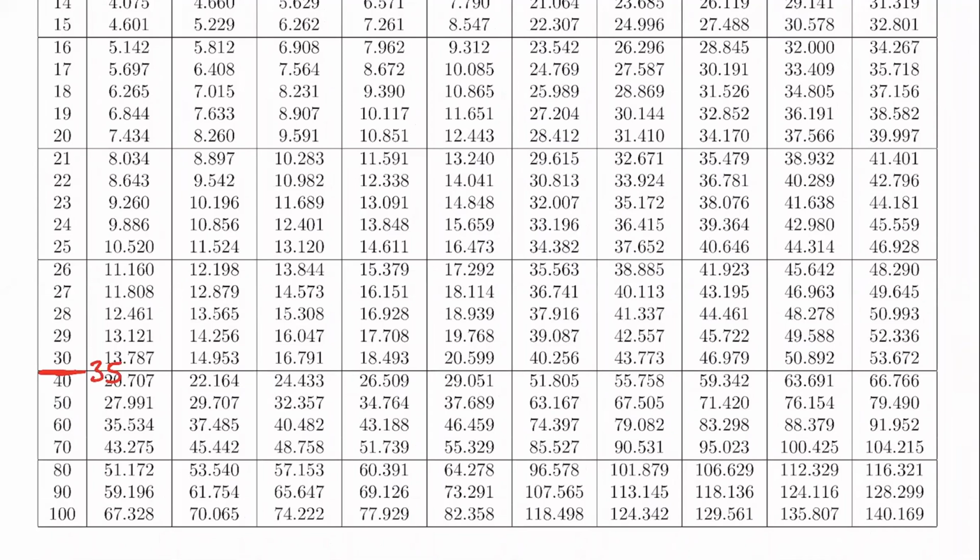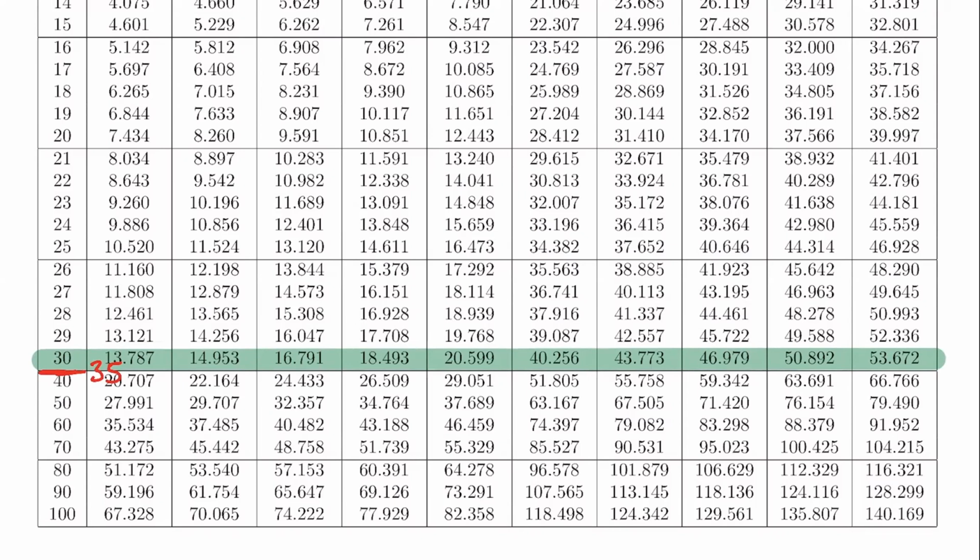Anytime you have this scenario, you always choose the lower degrees of freedom. Since 35 is equal distance from 30 and 40, you're going to choose the lower of the two values. So we're going to be using degrees of freedom of 30. If our degrees of freedom were 36, we would go up to 40. But if it's equal distance, always choose the lower degrees of freedom.